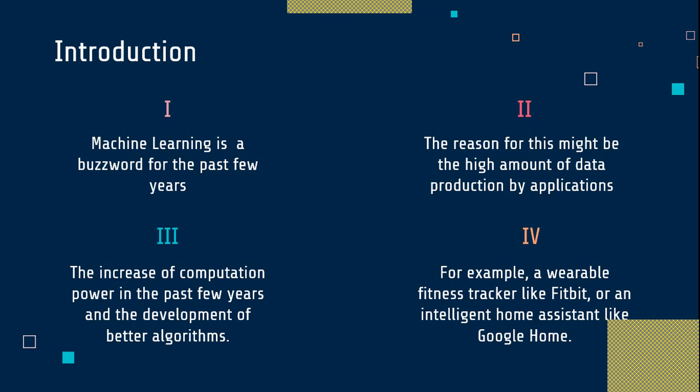So because of these reasons, that is the huge amount of data, the computational power, the advanced and better machine learning algorithms, and very popular, user-friendly programming languages like Python and R, machine learning has become popular in the last few years, along with AI and deep learning.